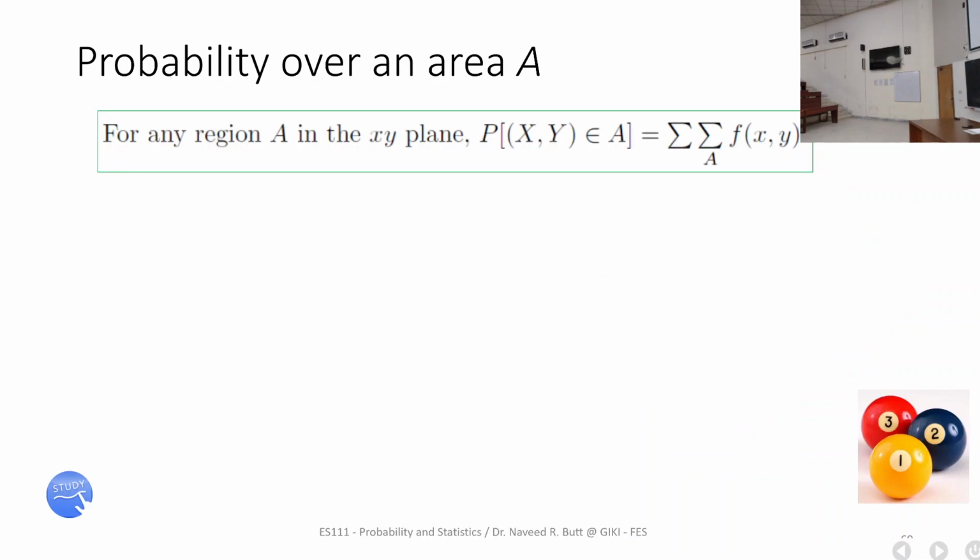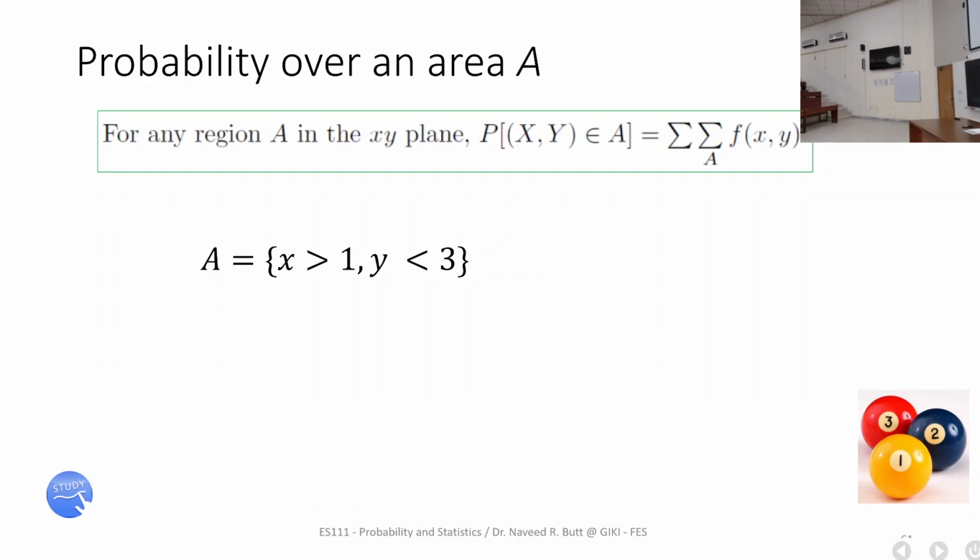So probability over an area, that's a useful formulation. Let's define an event A: what's the probability that x is greater than 1 and y is less than 3? What's that saying? That the number written on the first ball is 2 or 3, and the number written on the second ball is 1 or 2.